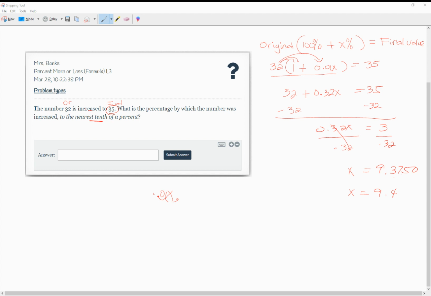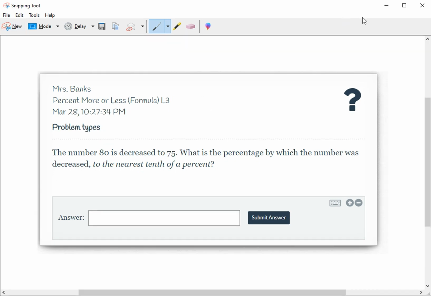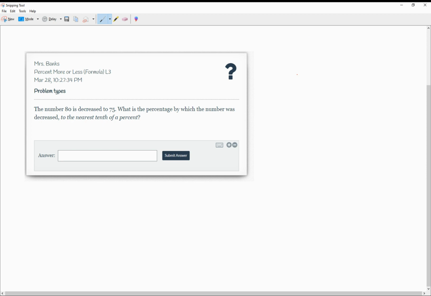I'm looking for another problem. They're all increases. Okay, this one.